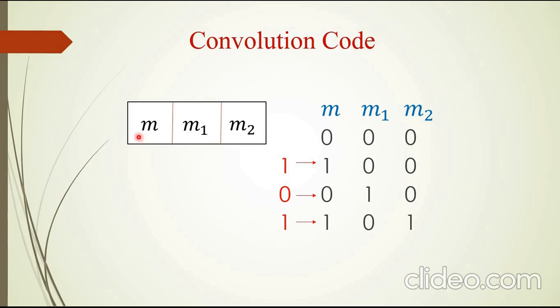So M is the current message bit, and M1 and M2 are the previous message bits, which show the state of the convolution code.